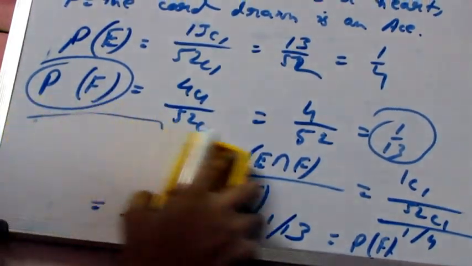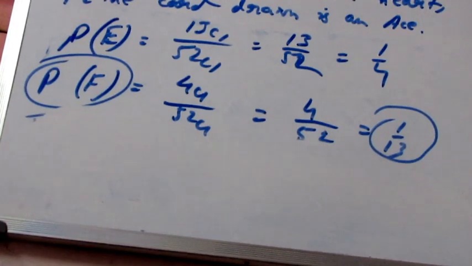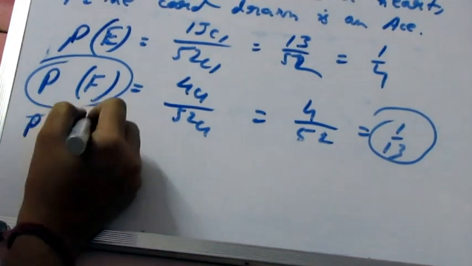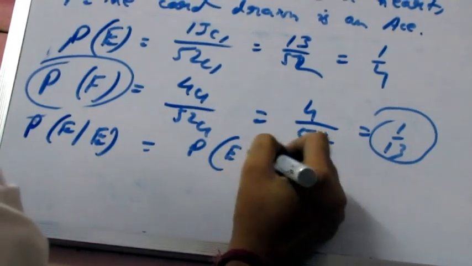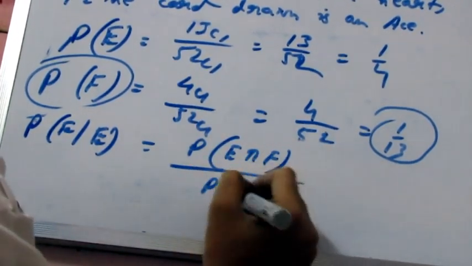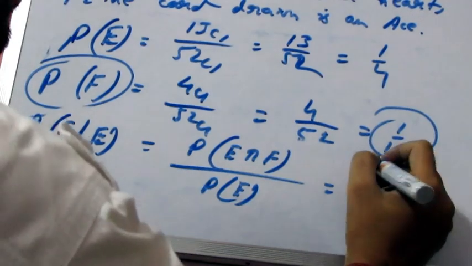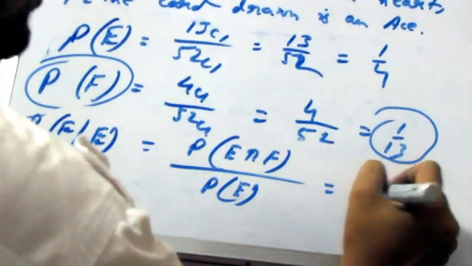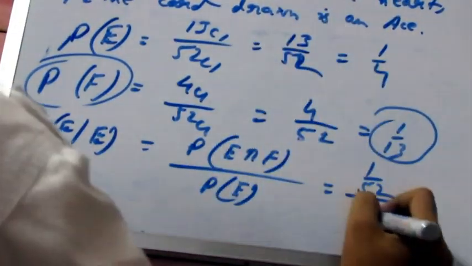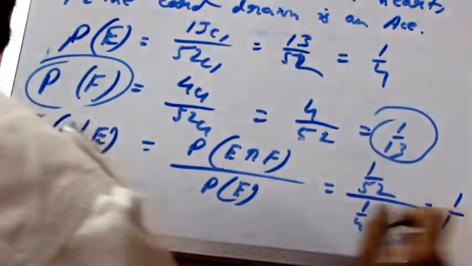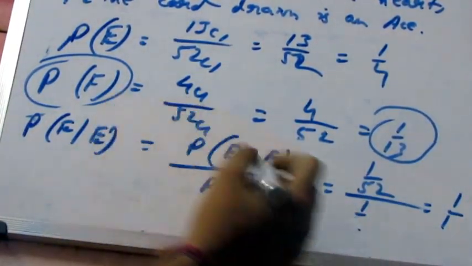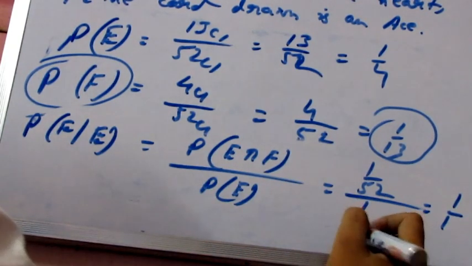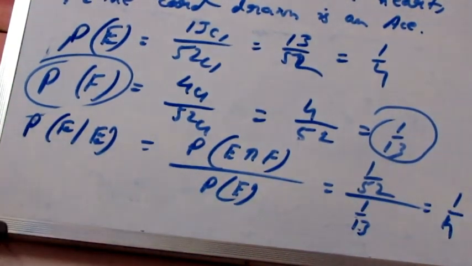Now also, probability of F given E will be probability of E intersection F whole divided by probability of E, which is equal to 1 by 52 divided by 1 by 4, which becomes 1 by 13.